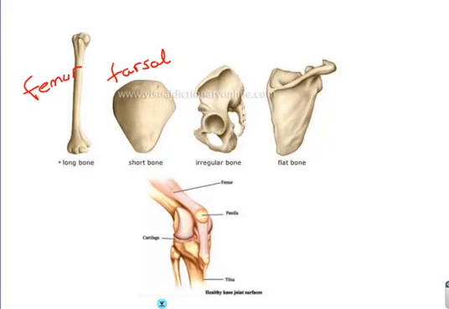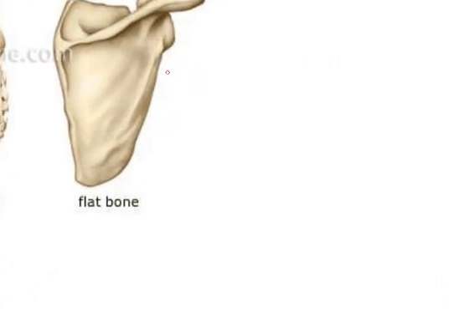Your tarsals you find in your ankles, all the different bones that make up your ankle and allow it to move. This here is your pelvic bone, and you can see it is not a uniform shape in any way. It's got parts flat, it's got some rounded parts, you've got your tailbone here, it's all kind of unusual stuff.